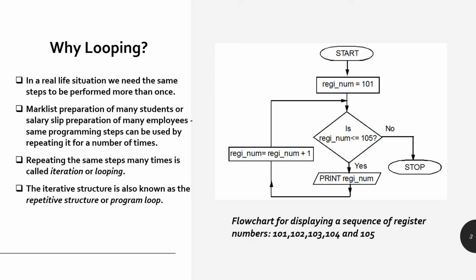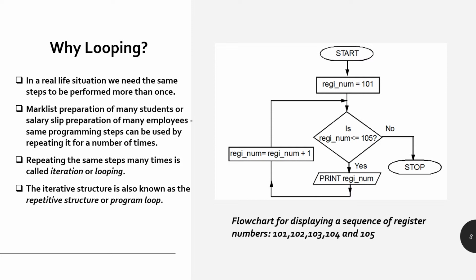Then when it should stop: while the register number is less than or equal to 105, we need to continue the loop. When it is not less than or equal to 105, that means when it reaches 106, it should exit the loop. That is the meaning.